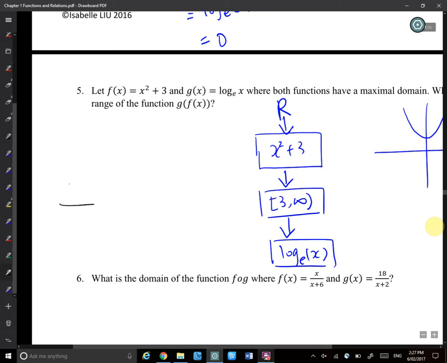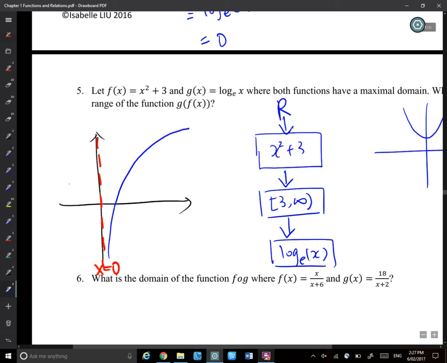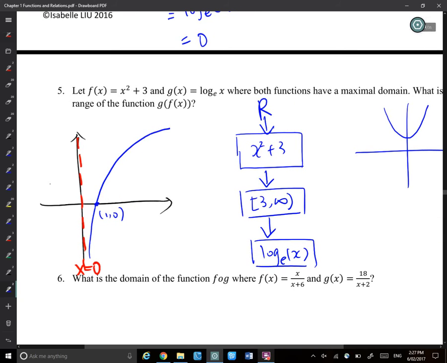If you sketch log ex, you will have x equals 0 as the asymptote, and we have the point 1, 0 here. When x equals 3, g3 equals log e3.